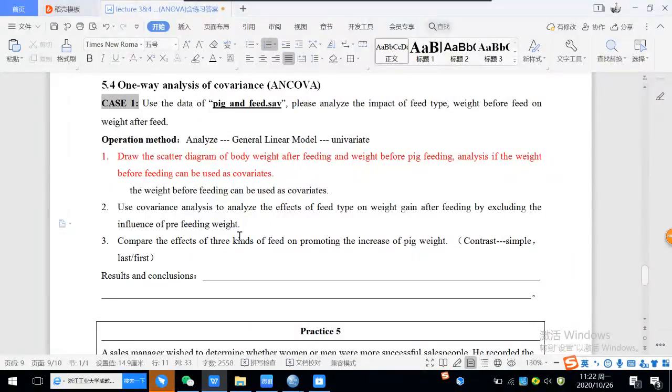Pre-feeding weight, that's the weight before feeding. Then we will analyze if the feed type has a significant effect on weight after feeding.